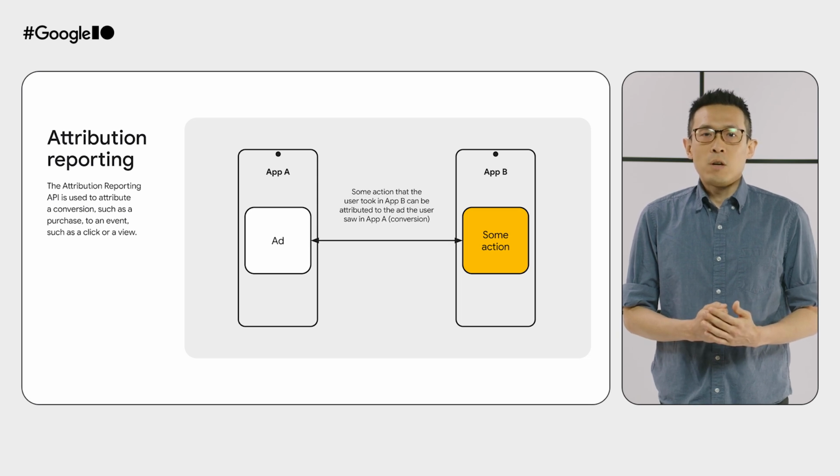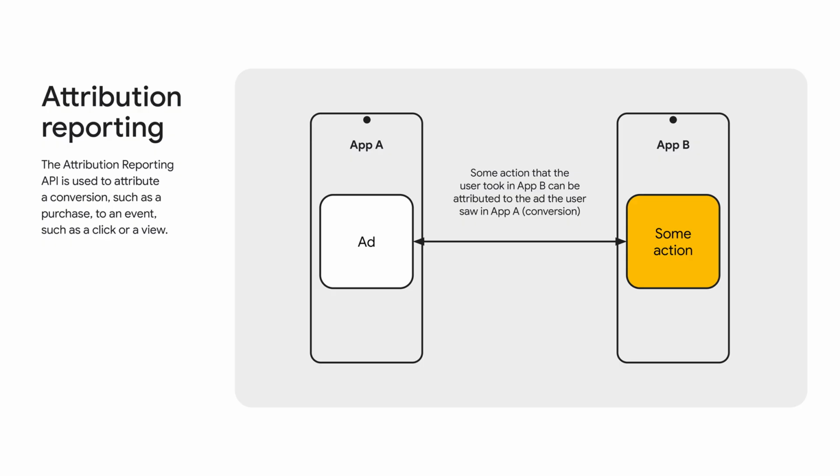For example, when a user sees an ad on one app or site and makes a purchase on that ad's app or site at a later time, the Attribution Reporting API allows that purchase to be attributed to the ad the user saw previously. Attributing conversions to ads is important to advertisers, as it is how they are able to tell that the money they spend on advertising is worth the cost.